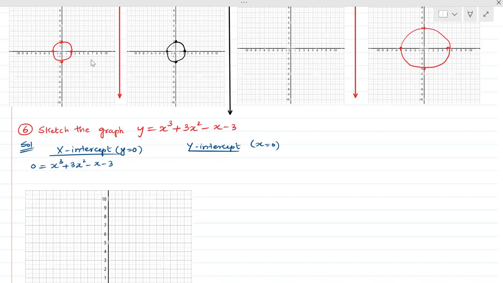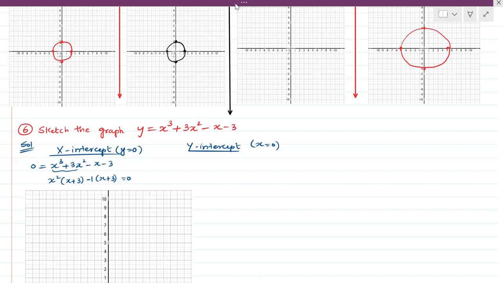You have to solve this equation by factoring. How will you factor this one? Grouping: x square times x plus 3, and minus 1 common, times x plus 3, equal to 0.